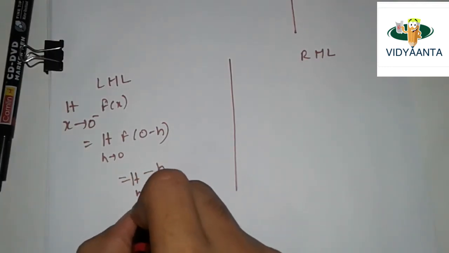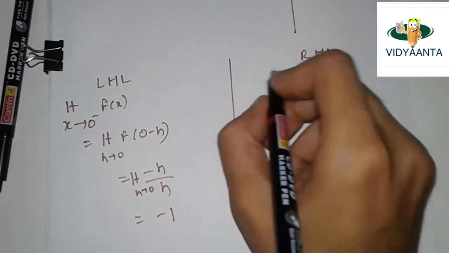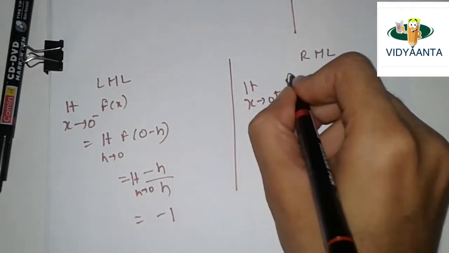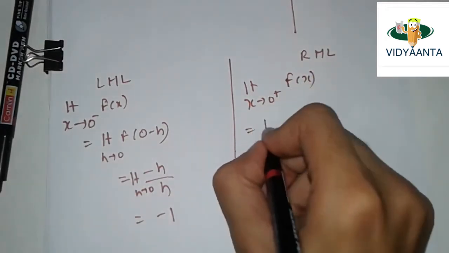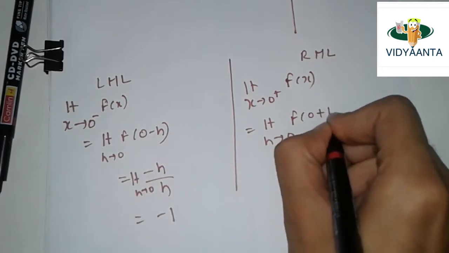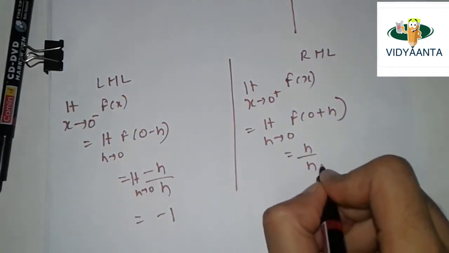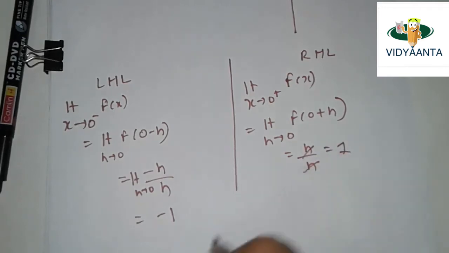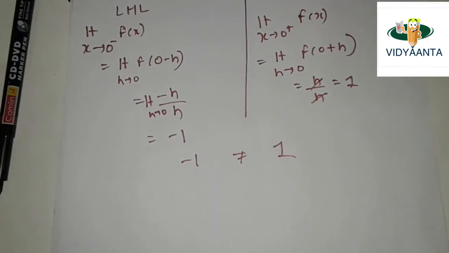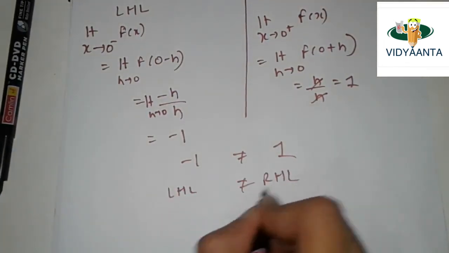For the right hand limit, x tends to 0 plus of f(x) is equal to the limit of h tends to 0 of f(0 plus h). It would be equal to h upon h, which is equal to 1. Minus 1 does not equal 1, hence LHL is not equal to RHL, hence the limit does not exist.